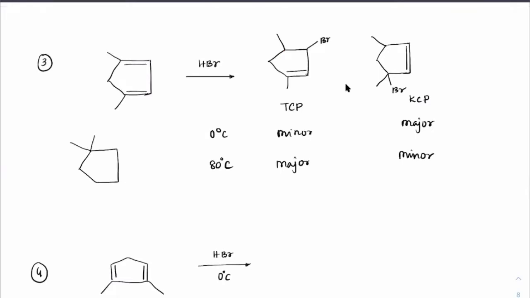Yes, if you put the carbocation here, H is added here this way. You are adding H here and carbocation here, correct? But is this carbocation stable? But we're looking for TCP only, no, sir, not KCP.